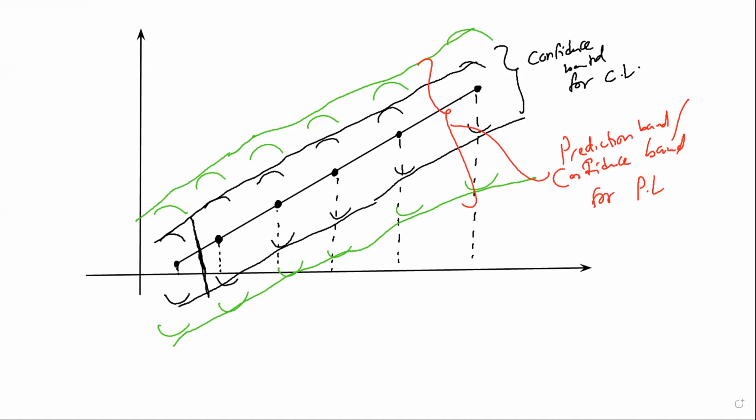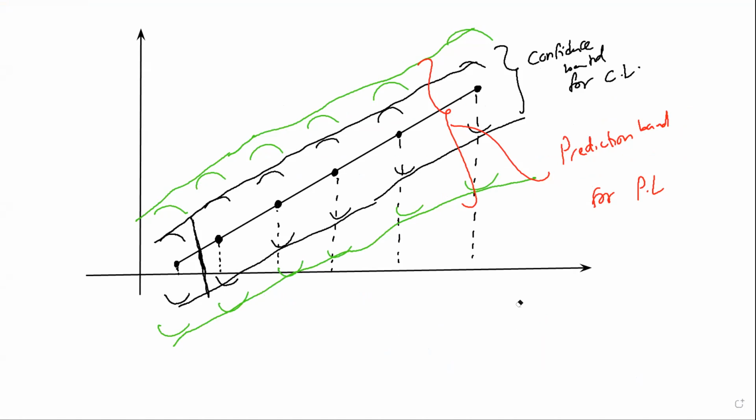We'll just take off this word from here, otherwise it's confusing. You might be wondering whether the formula is given for this one or this one. So I'll just remove this word from here: prediction band for prediction limits. In case you want the prediction band for prediction limits, you just have to change that term and add 1 plus.